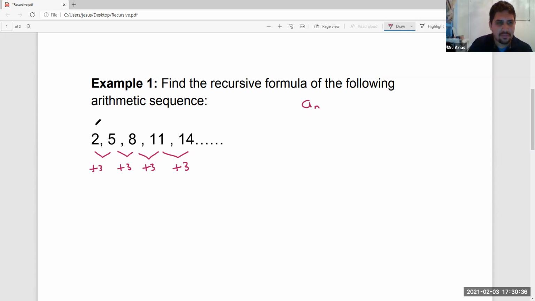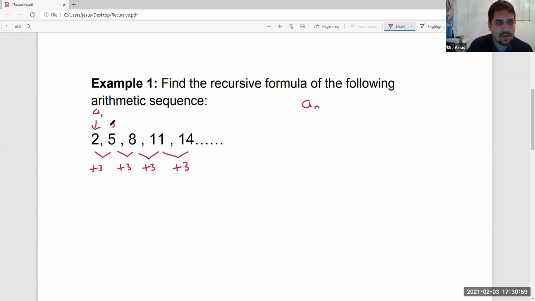For example, in mathematics, we usually call the first term a sub 1 by following this notation. I'll just quickly fix it really quick. Right here. So this is a sub 1. So notice that a sub n became a sub 1 because n is technically denoting the term's position on the sequence.